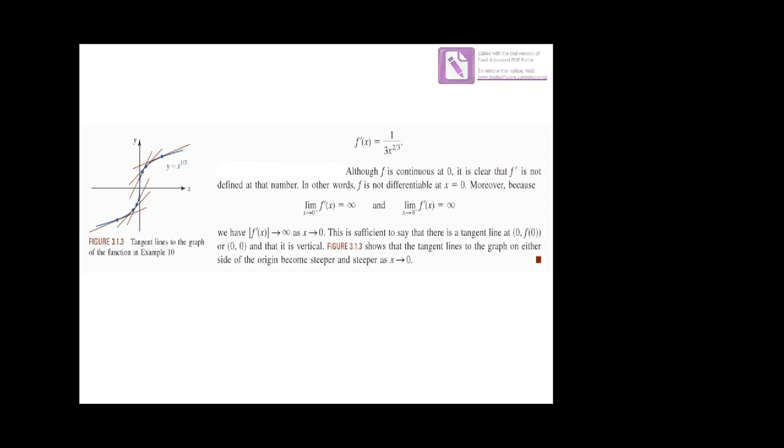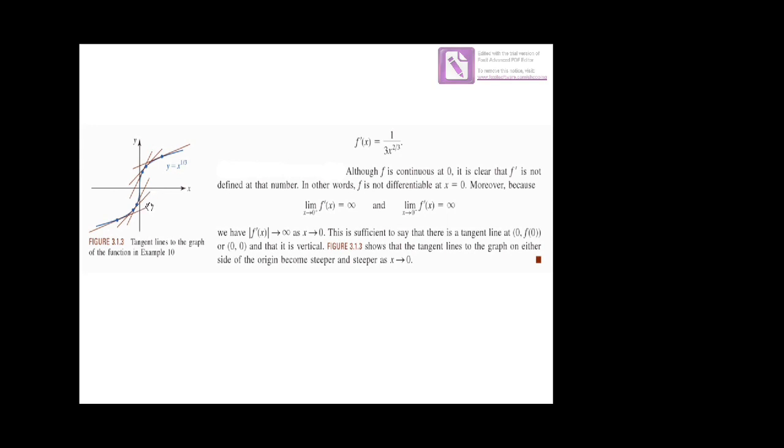So we have seen that the limit of the derivative when x approaches 0 from both sides will be equal to infinity, because this function has a vertical tangent line at x equals 0. So since this function has a vertical tangent line, we conclude this function is not differentiable at the point (0, 0).